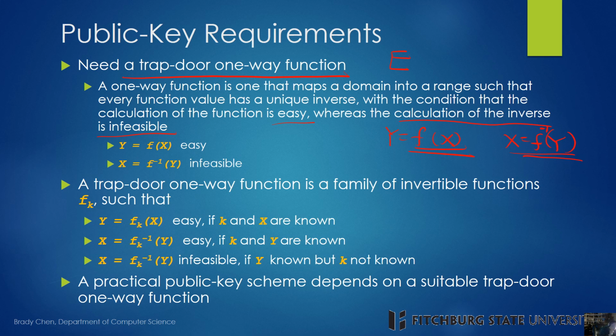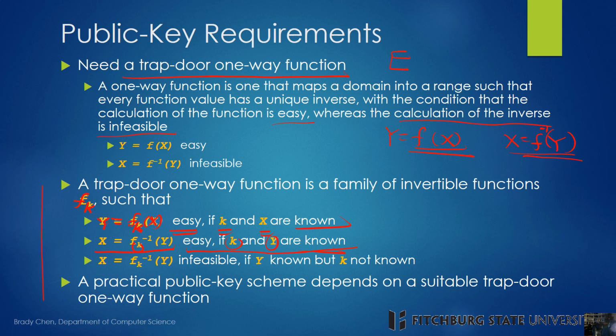In this particular case, like an encryption algorithm, we can define a function f and also a key k. Now you can easily calculate f sub k of x, the function and the original variable combined with the key, to get y, if k and x are known. The opposite should also be easy if k and y are known.